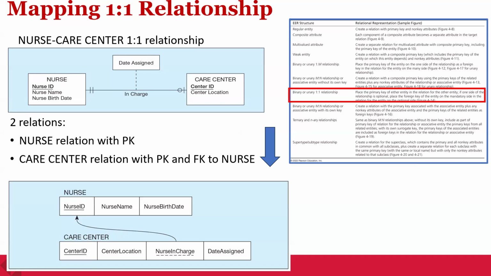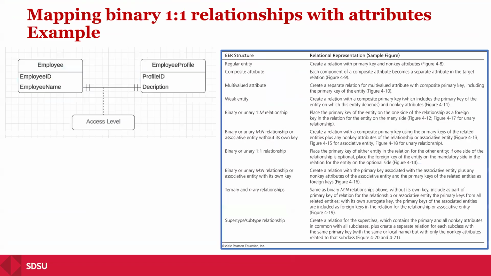So in this case, care center will get a foreign key as nurse ID, or we call it here nurse in charge. Again, please pay attention, the arrow is always going from the foreign key to a primary key. Right, so let's look at a couple of examples.